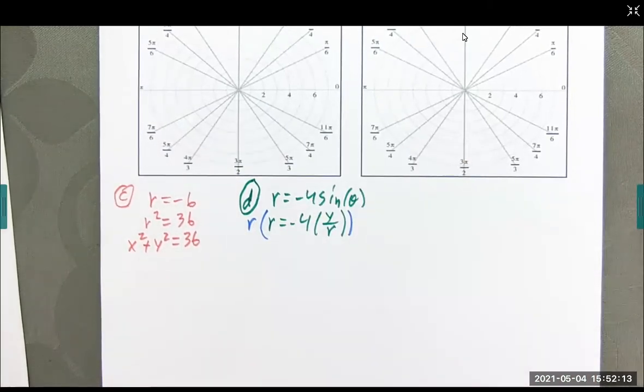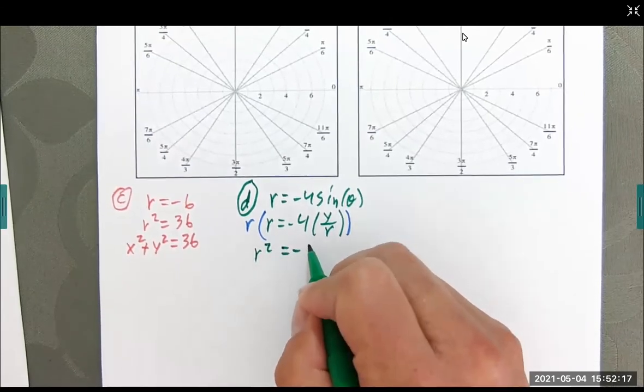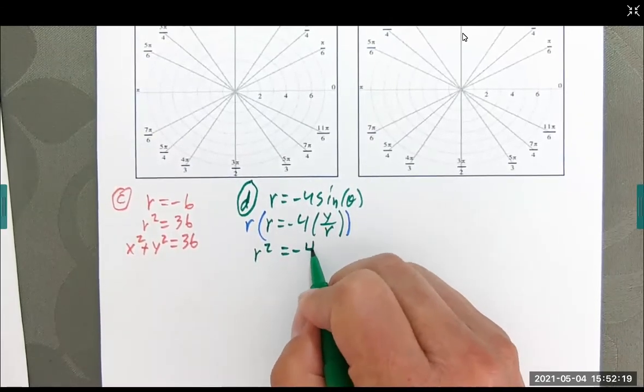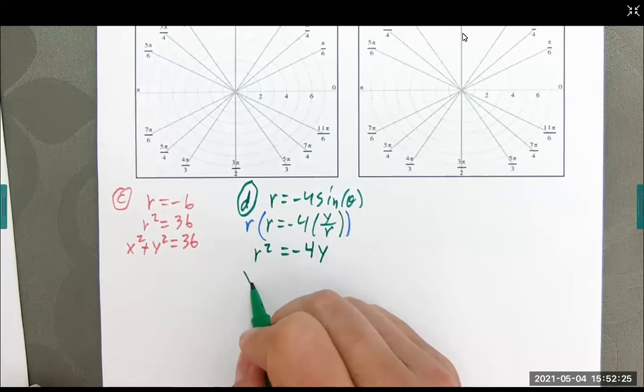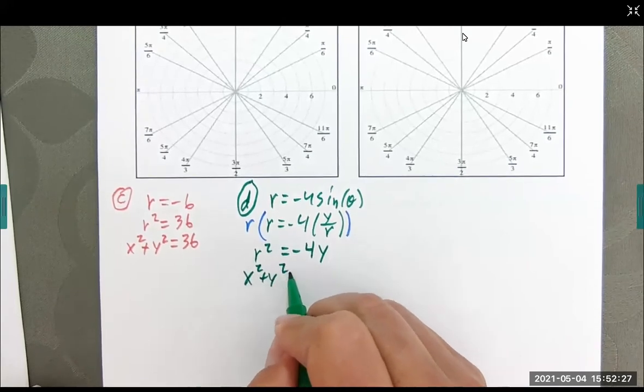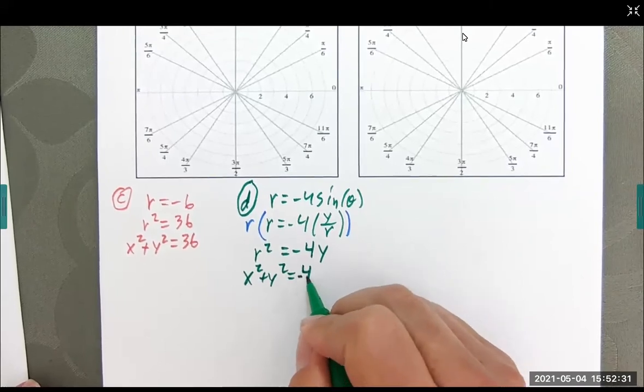That's going to give me r squared equals -4y. And I know that r squared is x squared plus y squared equals -4y.